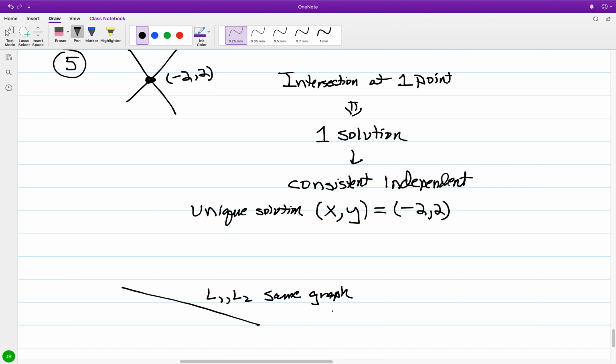If you have the same graph, the type of system is a consistent dependent system. And also, with the same graph, you have, as a result, not just one solution, but infinitely many solutions.